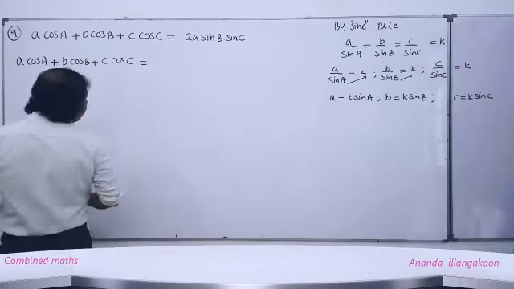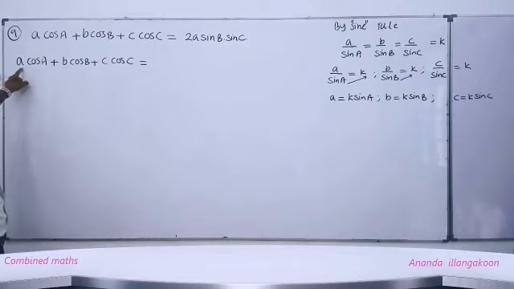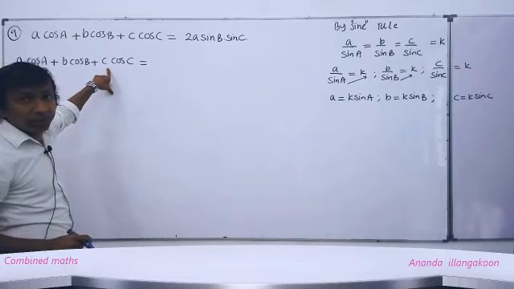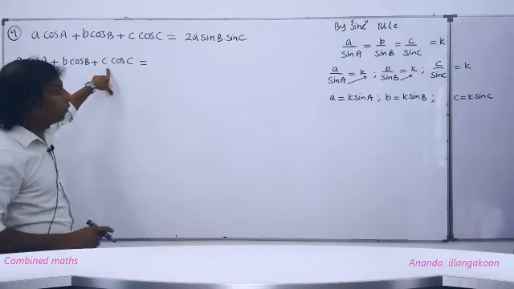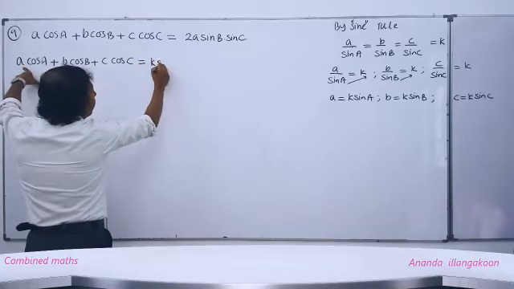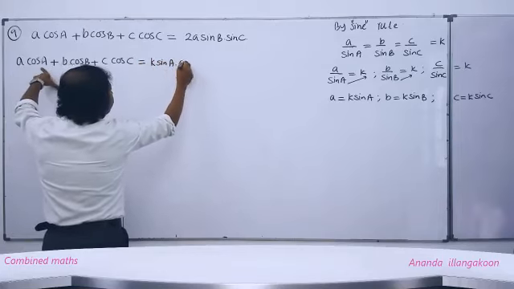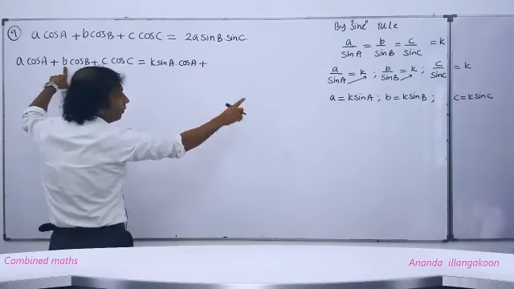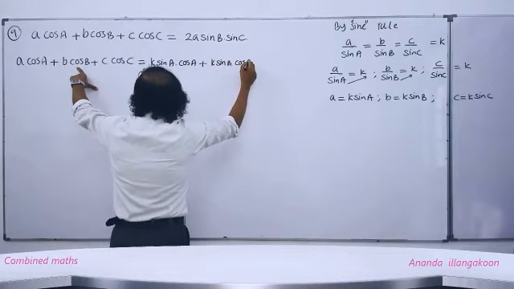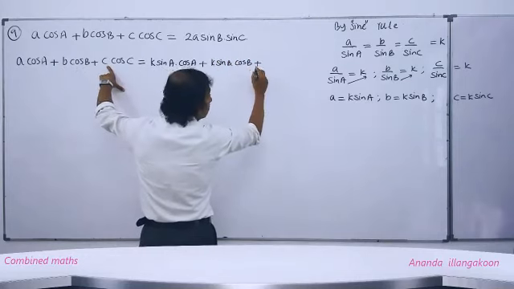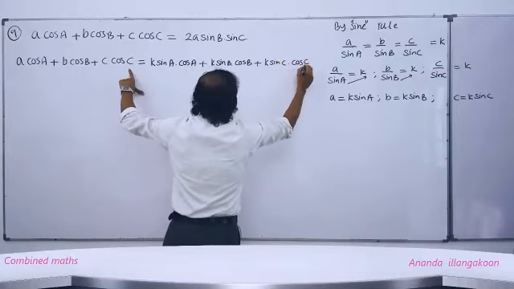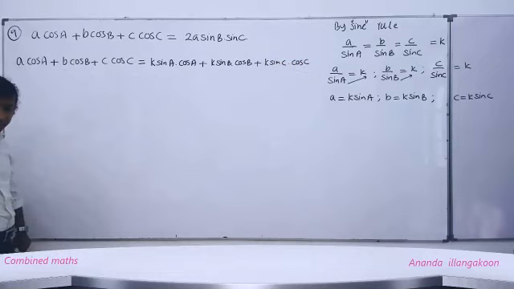Now what we will do is this. For a, b, c, we substitute these answers and keep simplifying. So for a, k sin A, times cos A, plus b, k sin B, times cos B, and c is k sin C, times cos C. Up to here, I think you could understand.